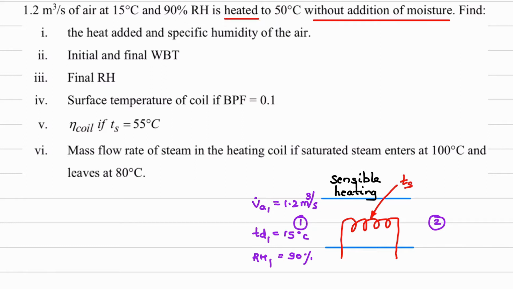Again which temperature it is not mentioned, so you have to consider it as dry bulb temperature. So TD2 is 50 degrees Celsius. Now dry bulb temperature has been given for point 1 and for point 2, and we know that the process is sensible heating. Why? Because air is heated without addition of moisture.